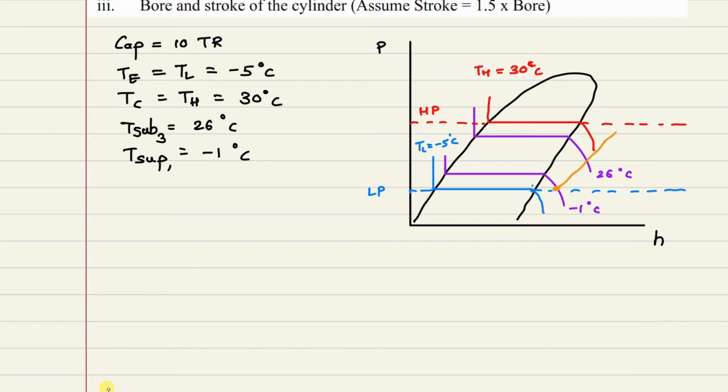So 1 to 2 is isentropic compression. Wherever this isentropic curve cuts the higher pressure, that will be point 2. Then we have to go up to subcooling, so this will be 2 to 3. Point 3 is there, and from 3 to 4 it is vertical, and 4 to 1 it will be horizontal. And then draw the arrows.